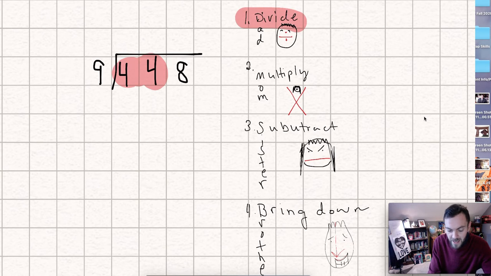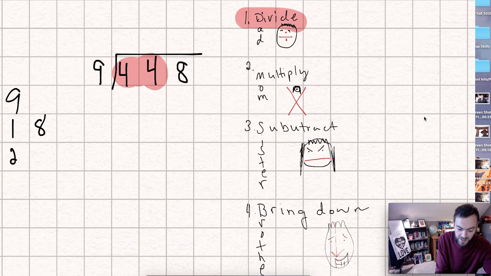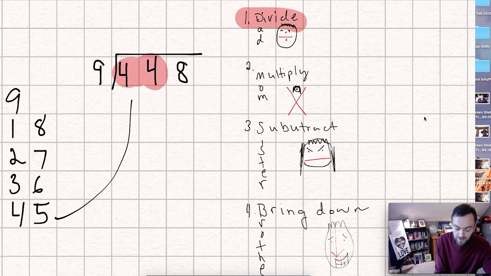How many groups of 9 can I make with 44? Well, let's see. I'm going to try counting by 9 and see how many groups of 9 I can make. We've got 9, 18, 27, 36, 45. Ooh, 45 is bigger than 44. I can't make that many groups.